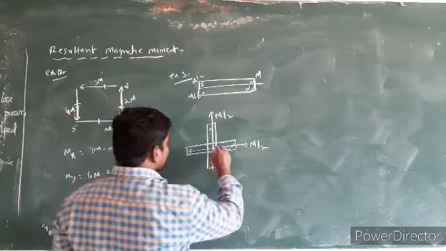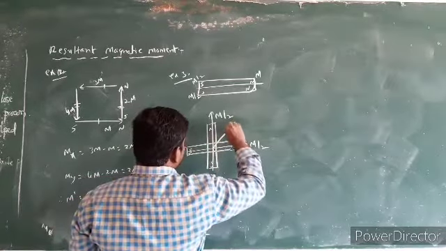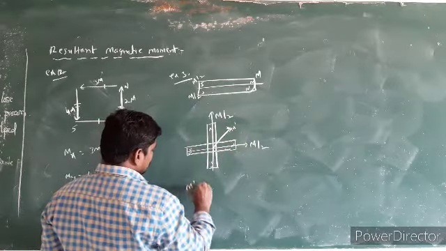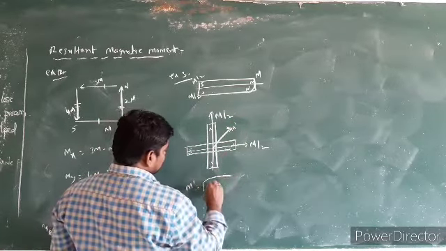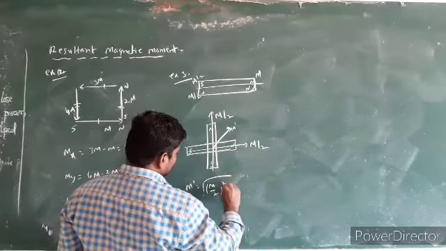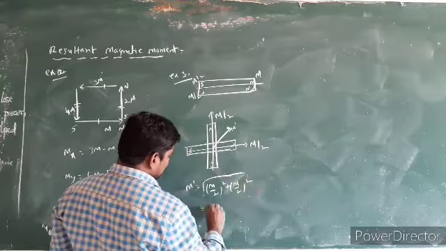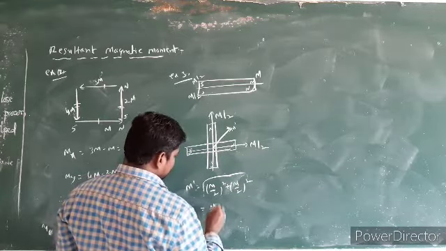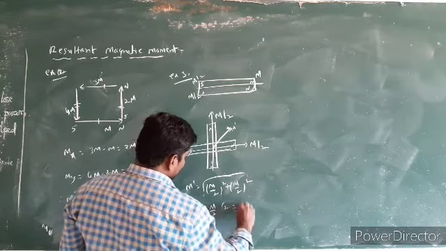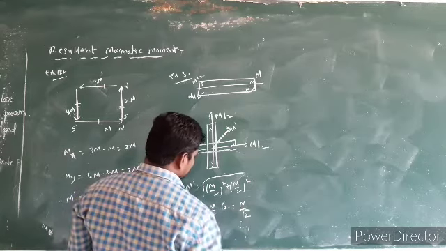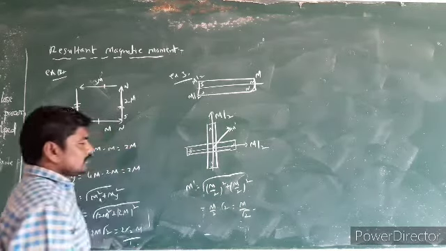The resultant magnetic moment of this arrangement, let it be M dash, is, since these are perpendicular, the square root of M by 2 whole square plus M by 2 whole square. Taking M by 2 outside, it becomes M by 2 times root 2. This is the resultant magnetic moment of this arrangement.